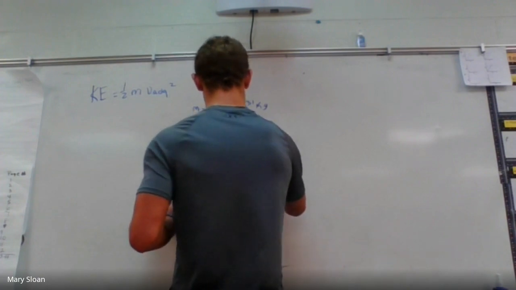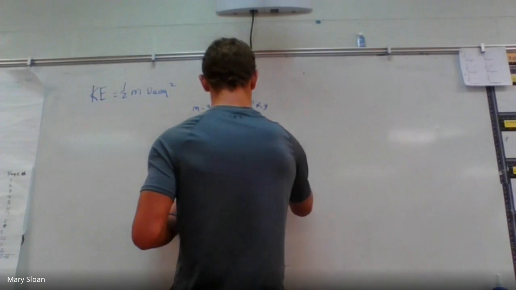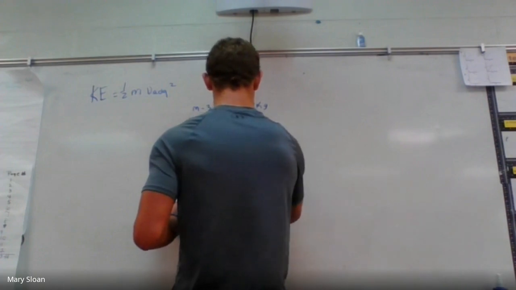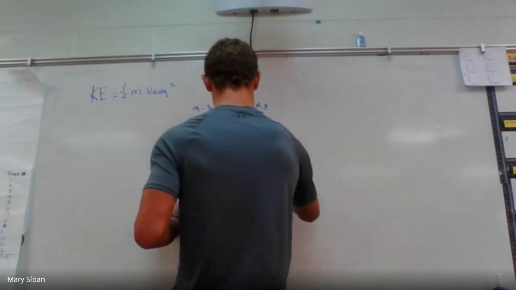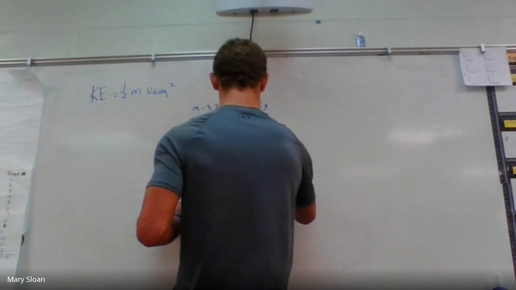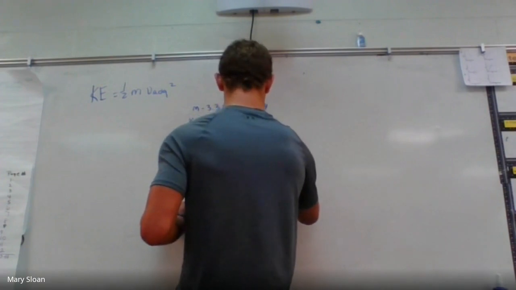You're doing great, Austin. Okay, so what he did is he was saying that M is 3.8 times 10 to the 31 kilograms. The kinetic energy was negative 1.1 times 10 to the 42nd joule.